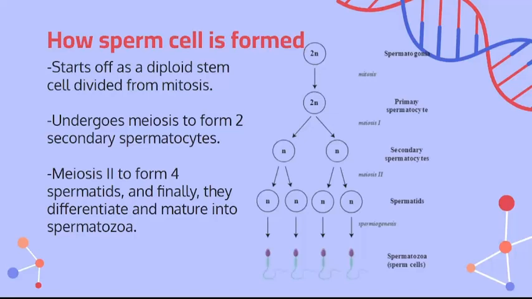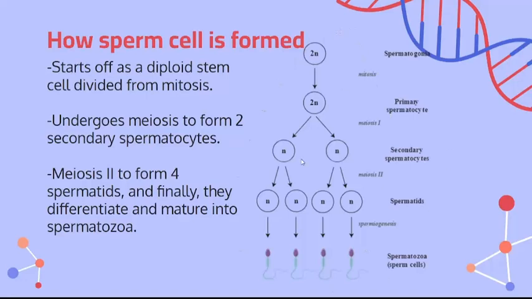Then it continues to undergo meiosis 2, and after meiosis 2, you get 4 spermatids. Finally, through the process of spermiogenesis, they differentiate. They were immature, just freshly produced, and they're going to mature and develop into spermatozoa, otherwise known as sperm cells.